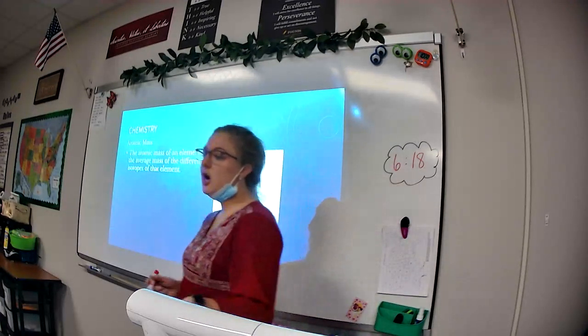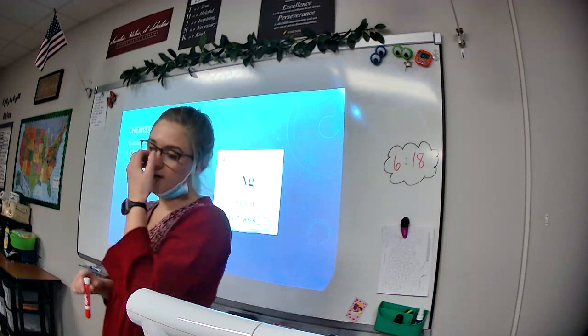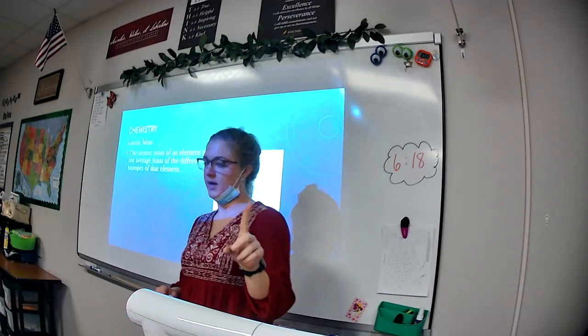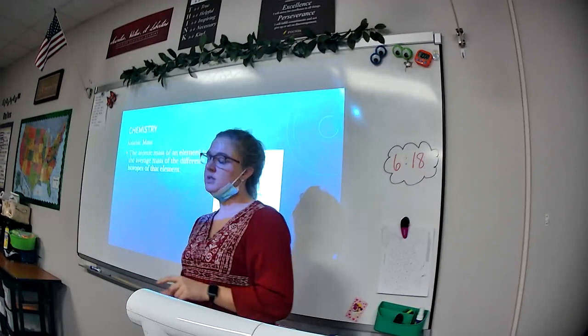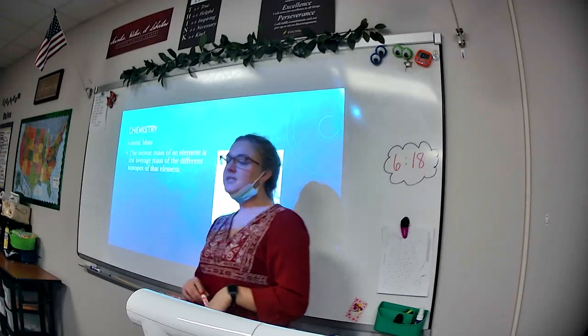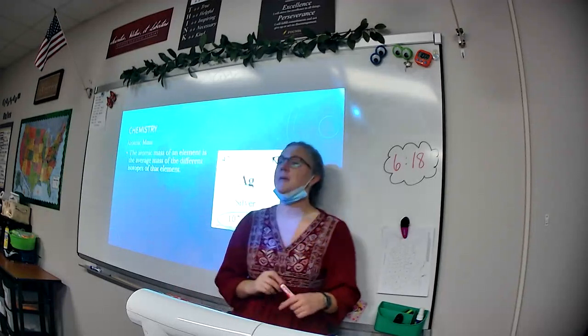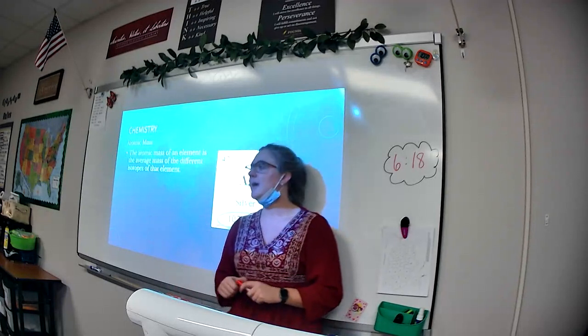Now, this makes sense. If you look at your chart, flip to your periodic table real quick. I'm teaching right now, wait. Okay? Notice number 3, look at the chart. You'll notice as you go up in atomic number, the atomic mass also goes up, which makes sense.